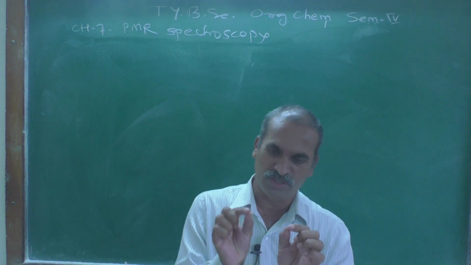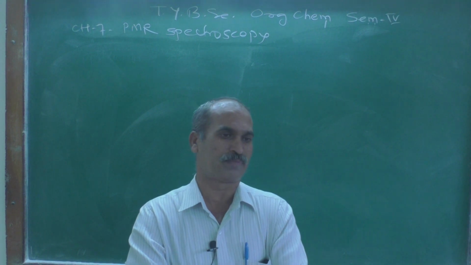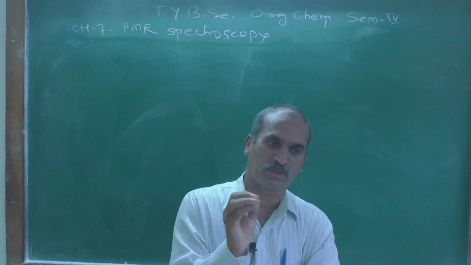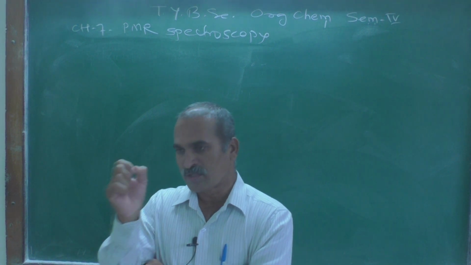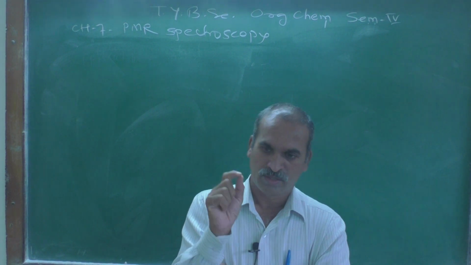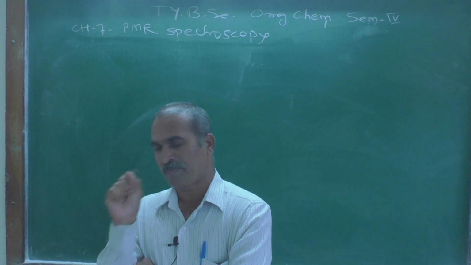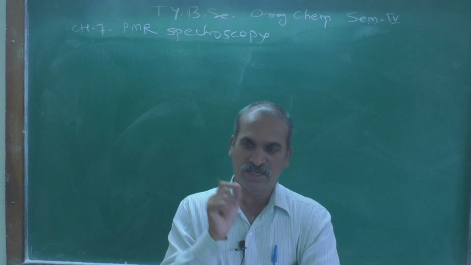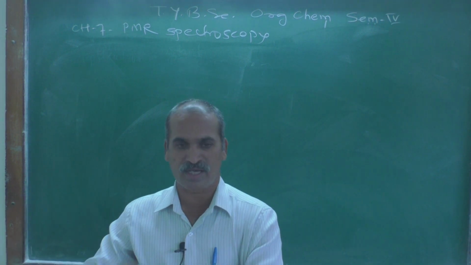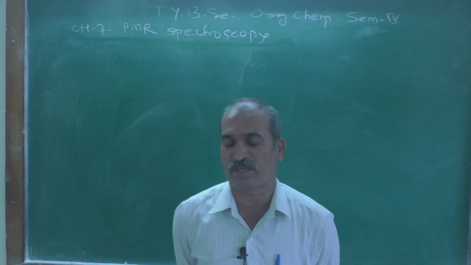Here the position of the signal, or the chemical shift, tells us what kind of proton is present in the molecule. Let us suppose a 0.9 delta value appears for the signal. It clearly indicates that methyl protons are present, which are saturated, attached to an sp3 carbon atom.